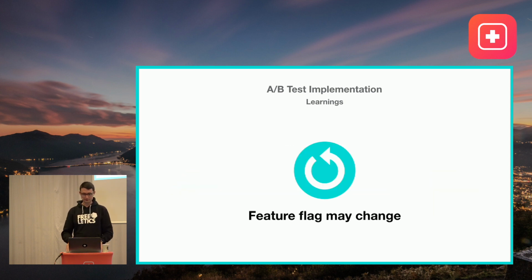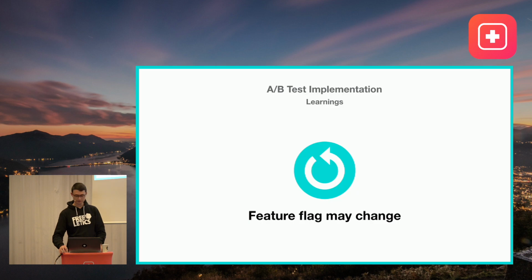Next, the learning recommends being ready for feature flag changes. Until the refactoring we had, we ran the application, showed the main UI, and only then initiated loading feature flags.